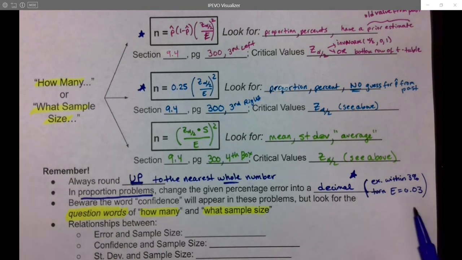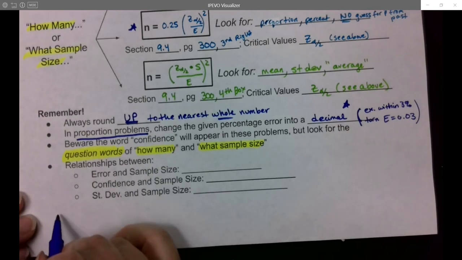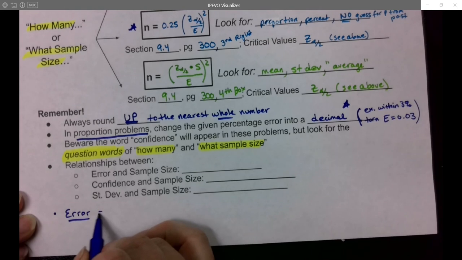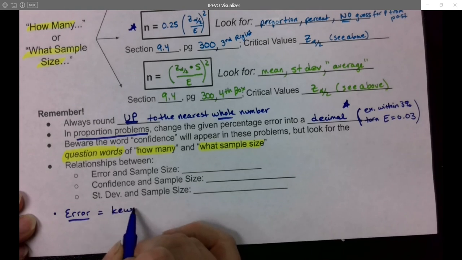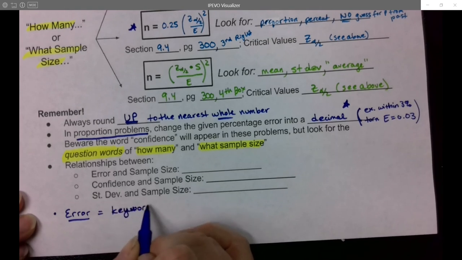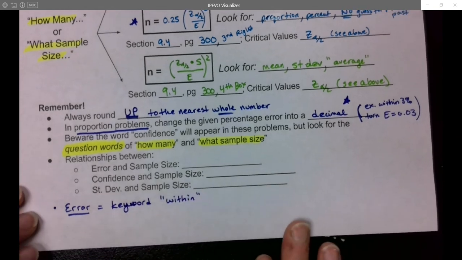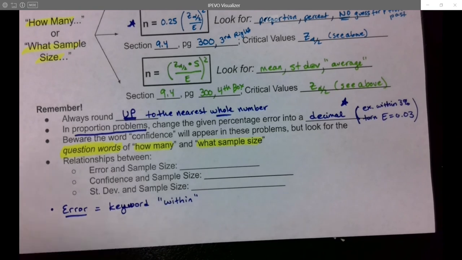Right? And another key word, I guess I didn't write it in here, is error is often given to you with the keyword is within. I want to be within this many. I want to be within 3%. I want to be within $1,000. Right? So that's a keyword that you'll be able to spot in the problem for your error.